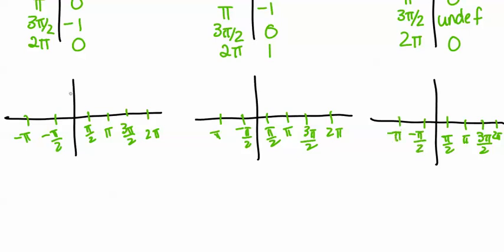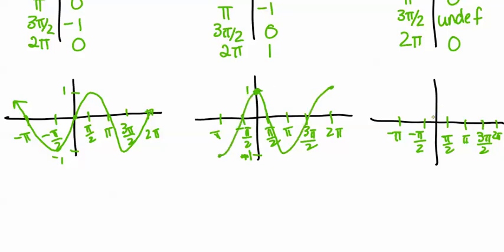Alright, so I know my sine curve, 1 and -1. So I know my sine curve's going like that forever. Then I know my cosine graph is starting at 1, going through 0, like that.